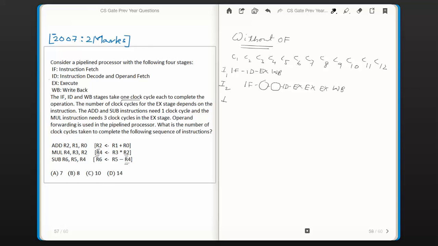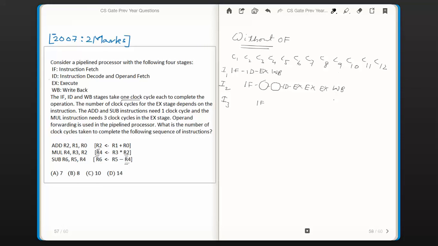Now coming to the third instruction, it is also dependent upon the previous instruction. Instruction fetch of I3 can be scheduled in the C3 clock cycle, and then as it is dependent upon the second instruction, the operand fetch of the third instruction cannot be scheduled before write back of the second instruction, because the new value of R4 would be available in R4 only after the write back stage of the second instruction is completed.